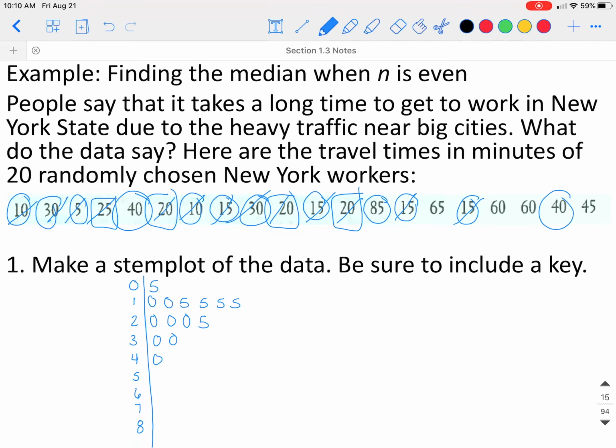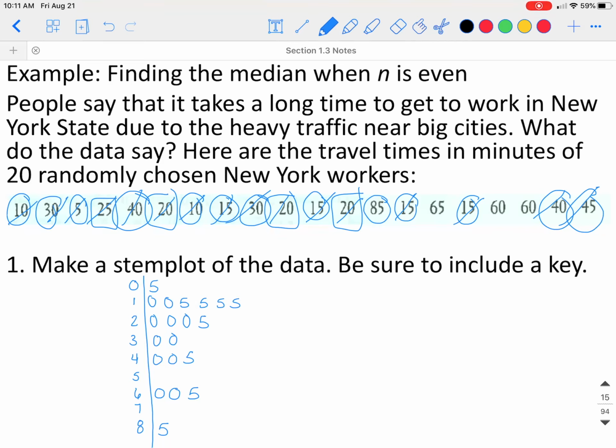We have 2 40s, and we have a 45. We have 2 60s and a 65, and then we have that 85.